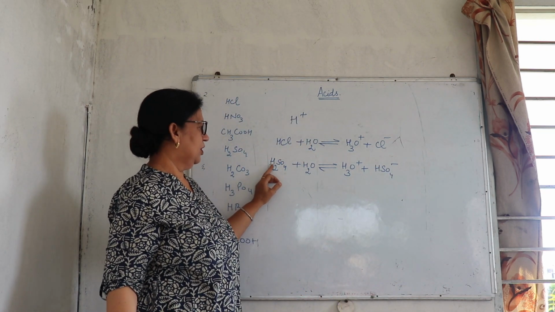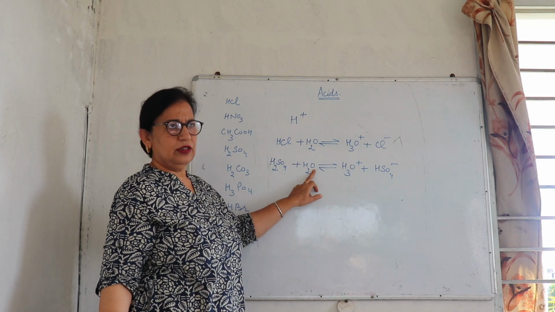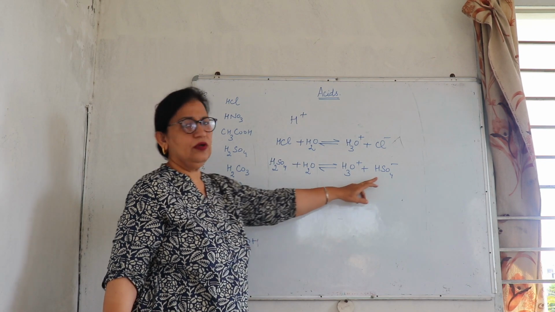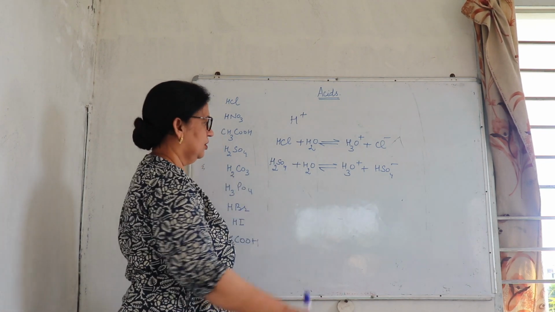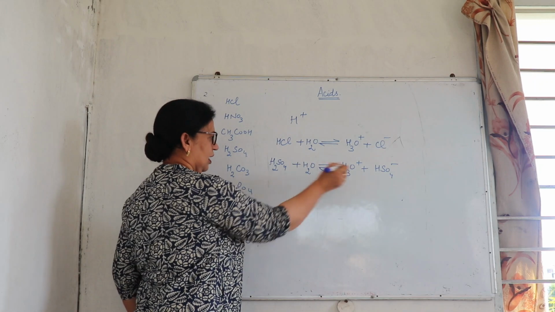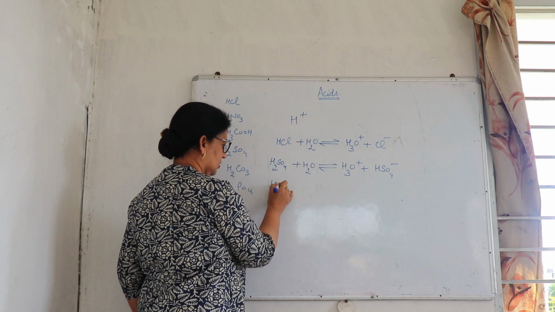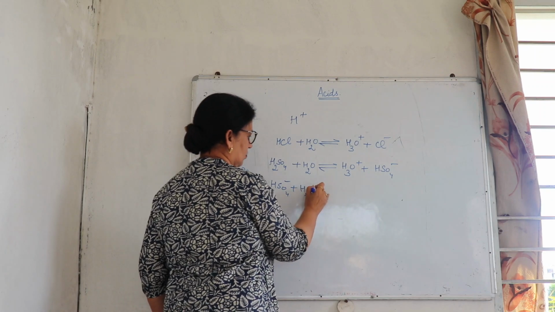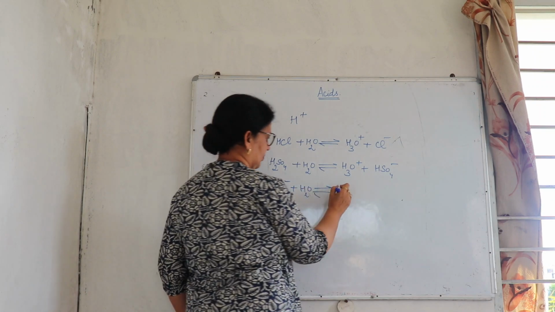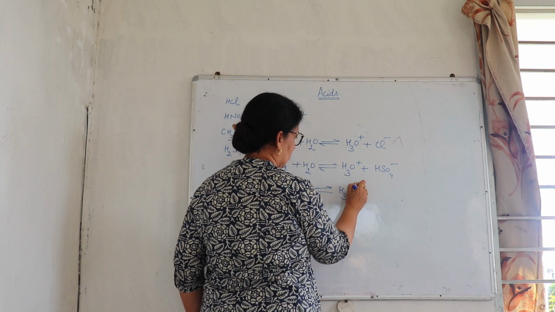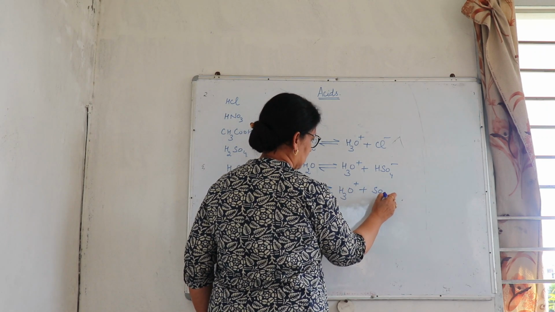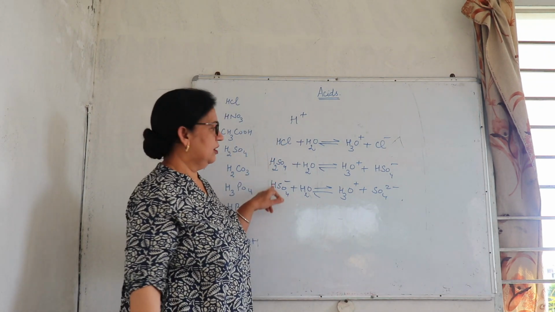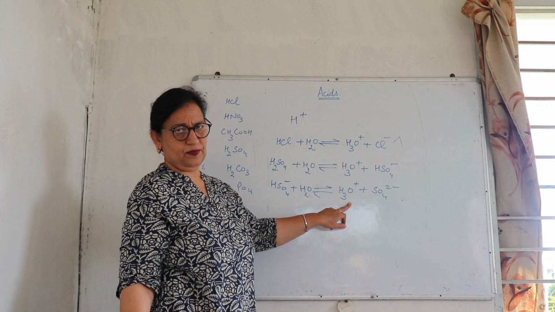One hydrogen is used to form hydronium ion, and what is left is HSO4, the hydrogen sulfate radical. This hydrogen sulfate radical again has one hydrogen, plus water, and that will produce one more hydronium ion and sulfate ion. So sulfuric acid is producing two hydronium ions.